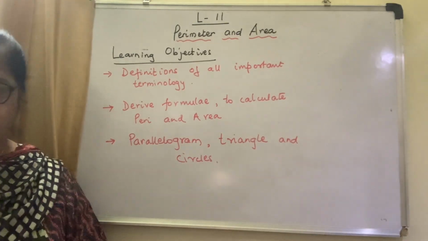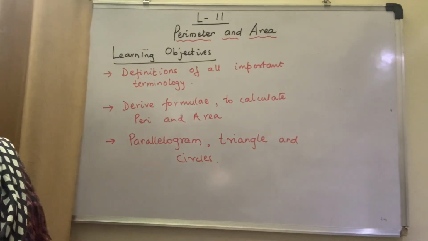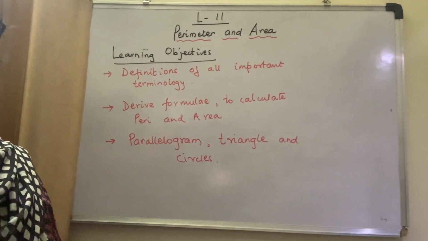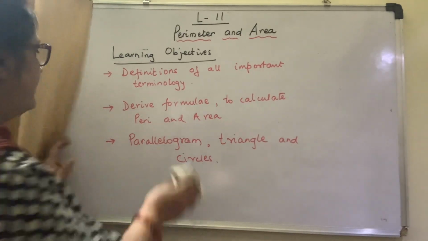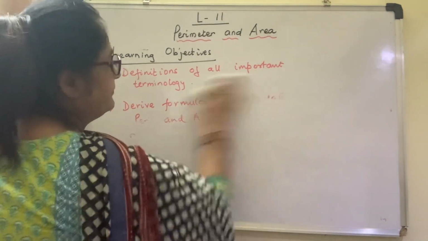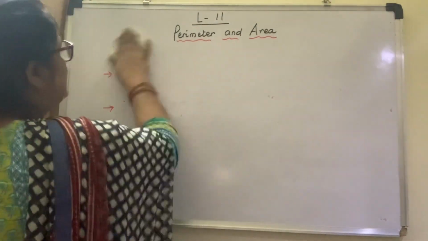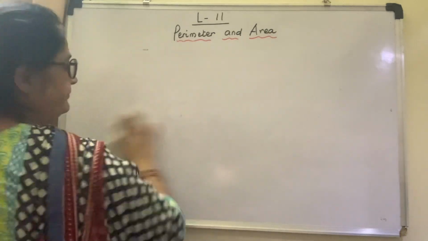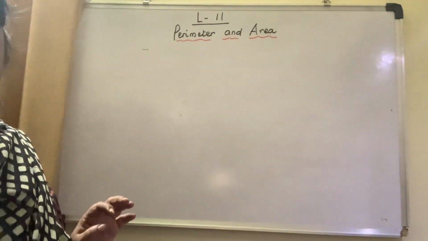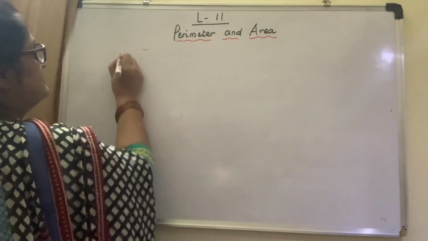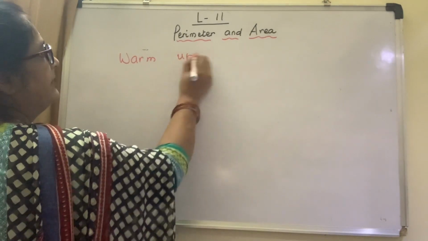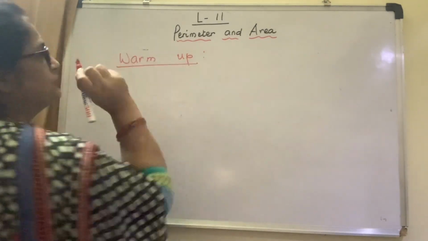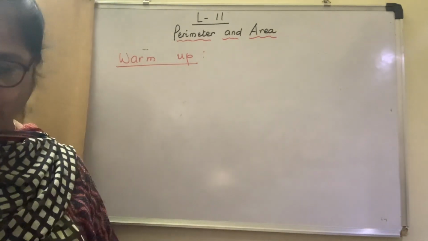Right. So let us just warm up with finding the area of a square and a rectangle using the formula which you have already learnt previously. So this is just a warm-up and I want you to do it on your own. Okay.